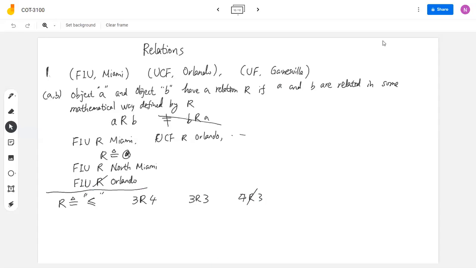Another example is if we define the subset relationship, then we can say the set {1, 2} is a subset of {1, 2, 3}, and therefore we can replace this subset using this R notation.